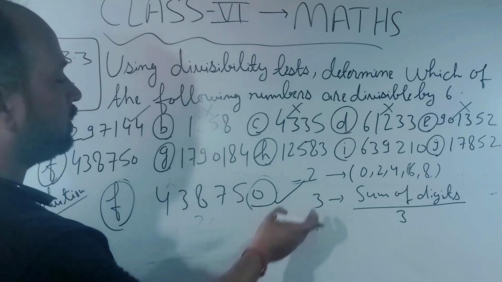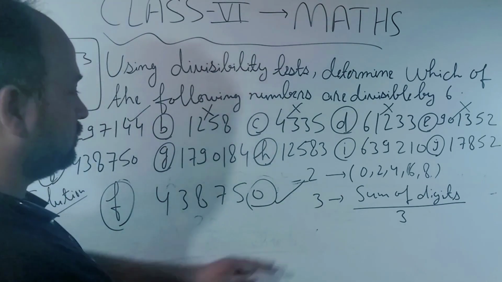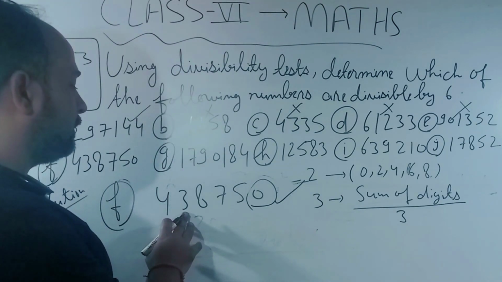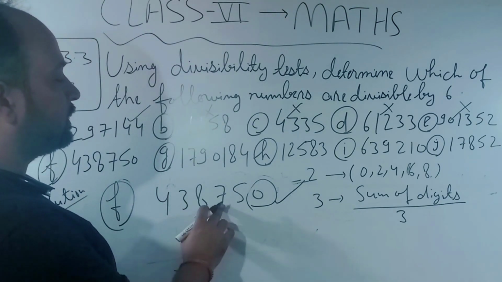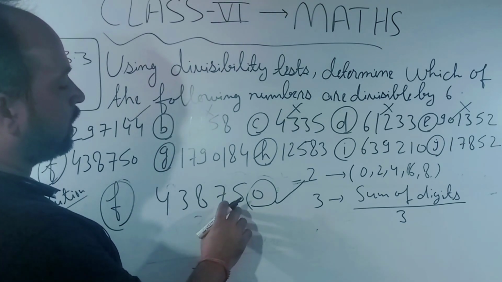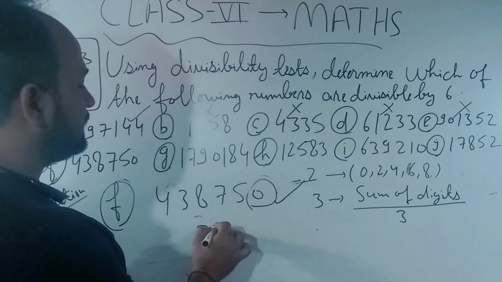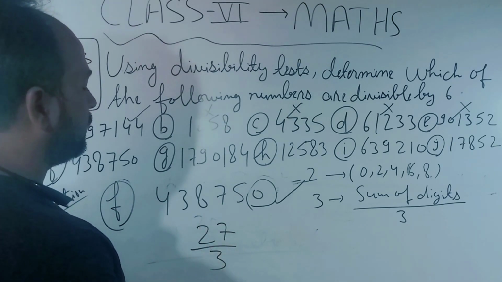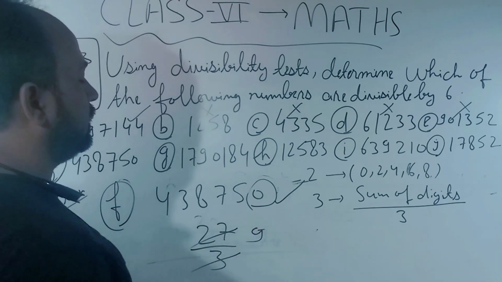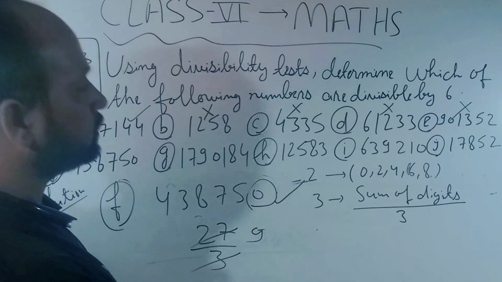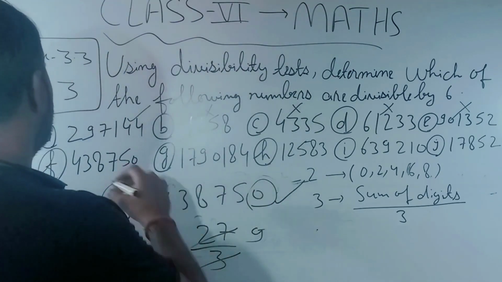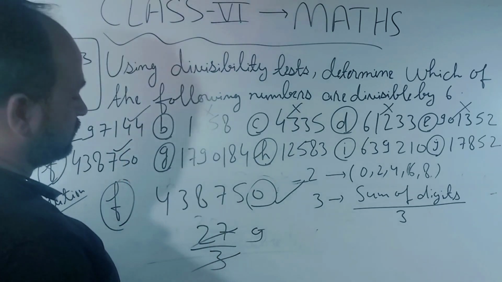Now we will check by 3. 4 plus 3 is 7, 7 plus 8 is 15, 15 plus 7 is 22, 22 plus 5 is 27, and 27 can be divided by 3, and there will not be any remainder. Clear? So this number is divisible by 6. Clear?